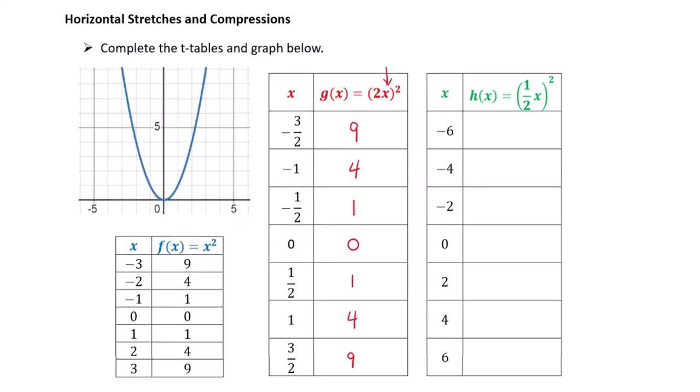Okay. So what is the effect on this graph? Well, if I have a -3 halves, it's a -1.5, and up to 9, looks like I'm sitting about right there, and -1, 4, -half, 1, 0, 0, 1/2, 1, 1, 4, and 1.5, 9.